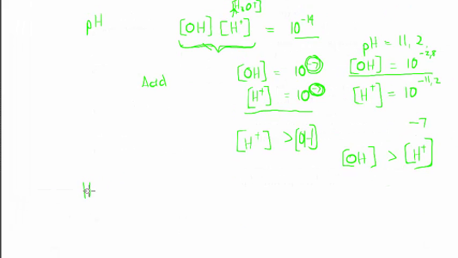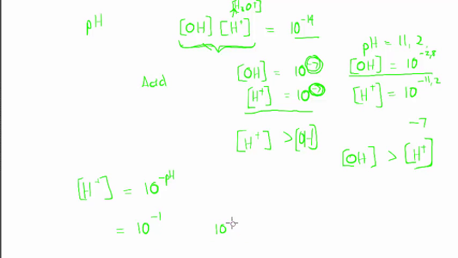Okay, hydrogen ions. Your concentration of hydrogen ions is always equal to 10 to the power of negative pH. So if you have the pH, you can get the concentration of hydrogen ions. So in other words, pool acid was 10 to the power of -1.